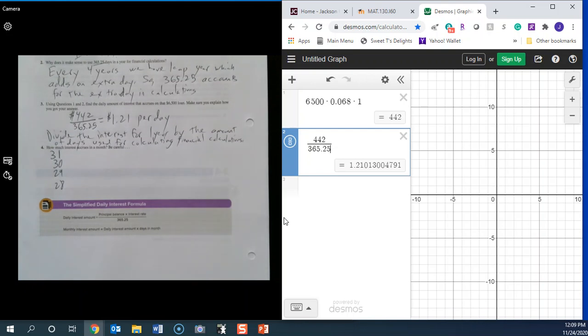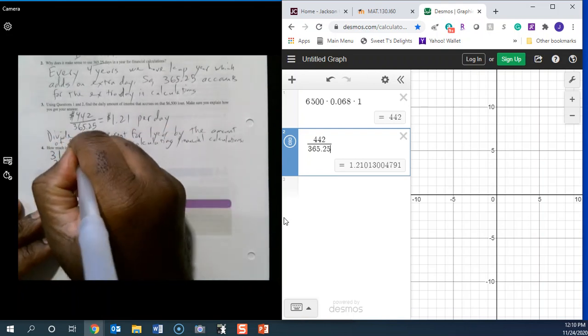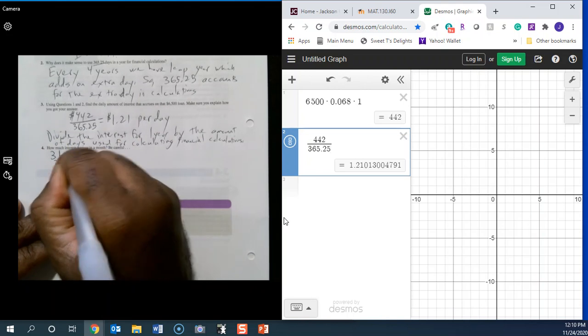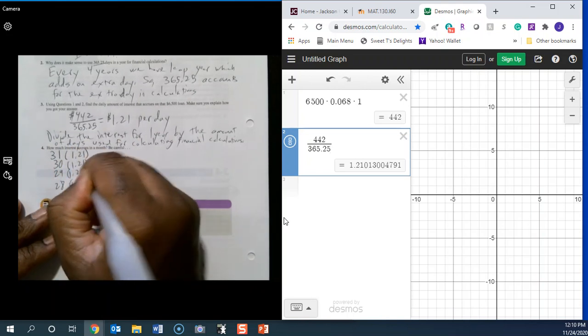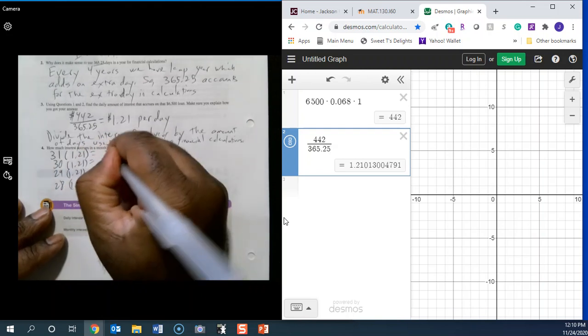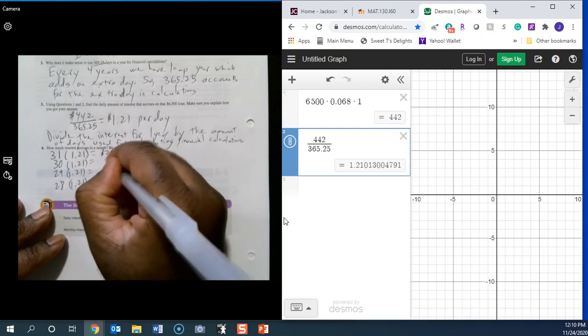That's why they say be careful. It just depends on the month. So we would take these days and multiply by the daily amount of interest. And when we multiply these out, we of course will get different values.